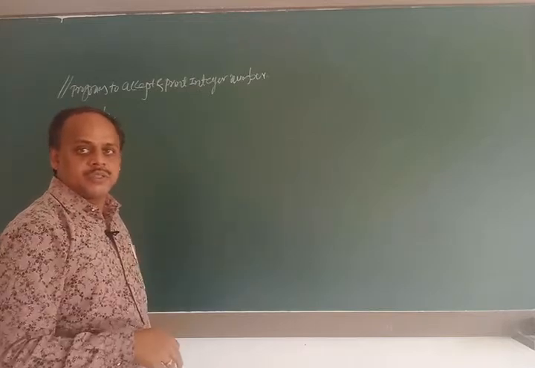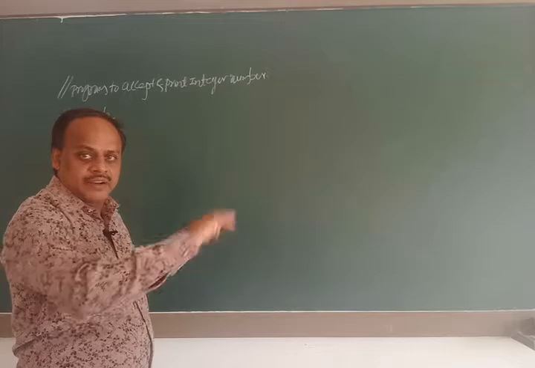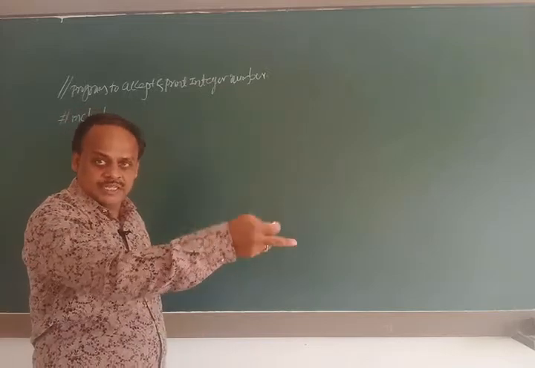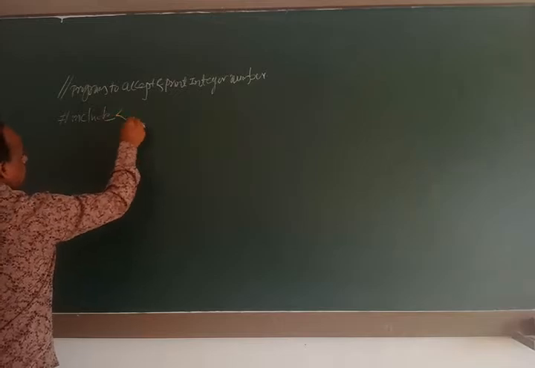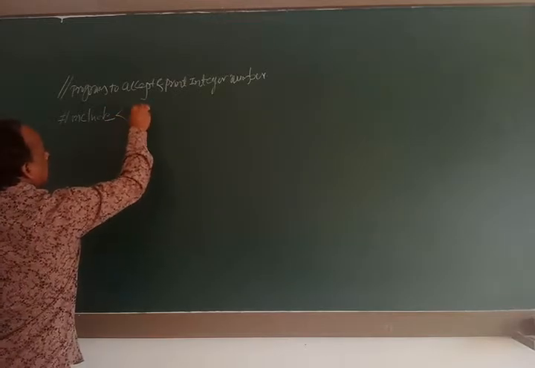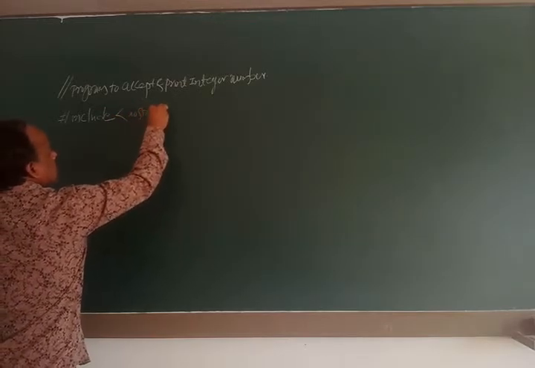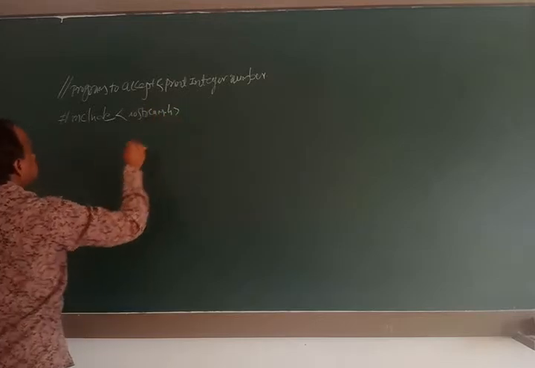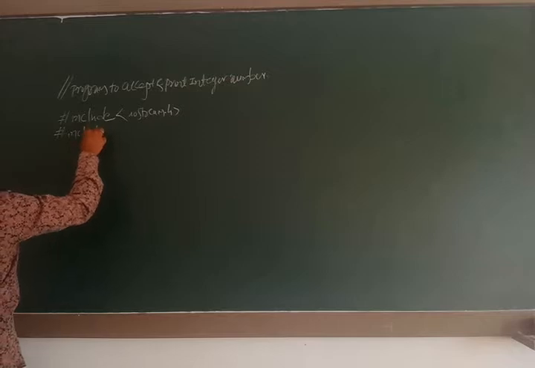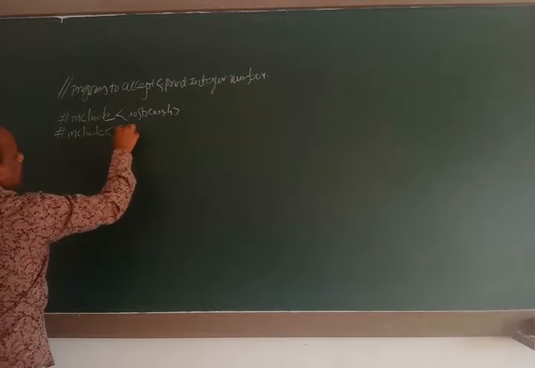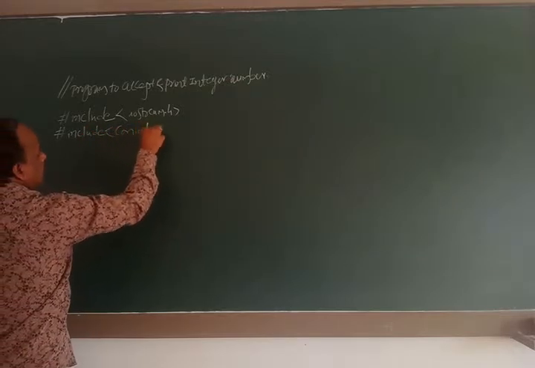We are going to use commonly used header files called iostream.h and conio.h, right? Therefore in the preprocessor directive write hash include iostream.h, hash include conio.h.